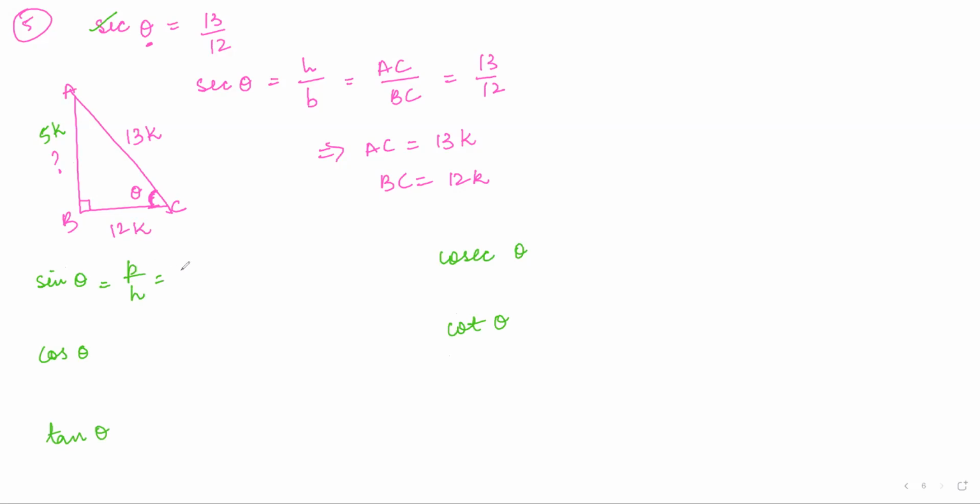Perpendicular is AB and this is AC, so that becomes 5K divided by 13K, which is 5 by 13. Similarly, you will complete all the other ratios. Please complete this question. Do it here right now.